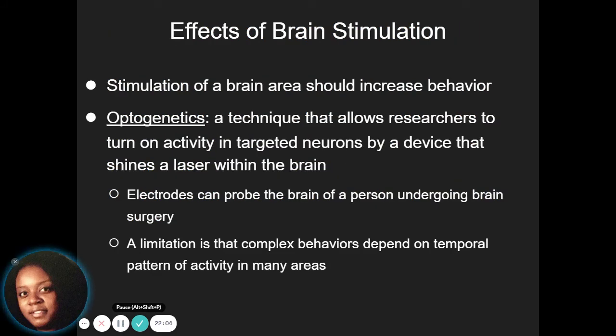Research has shown us that if a brain area is stimulated, that should increase a person's behavior. Optogenetics tells us that when an area of the brain has a laser shined on it, it creates activity, and you can see the activity that's going on in the neurons.